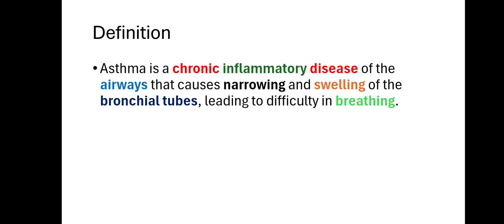So for example here, the definition says asthma is a chronic disease. This means it's a disease that lasts for a long period of time. So it's a chronic inflammatory disease of the airways, because when you say airways, we mean it is a respiratory disorder that causes narrowing and swelling of the bronchial tubes, leading to difficulties in breathing.